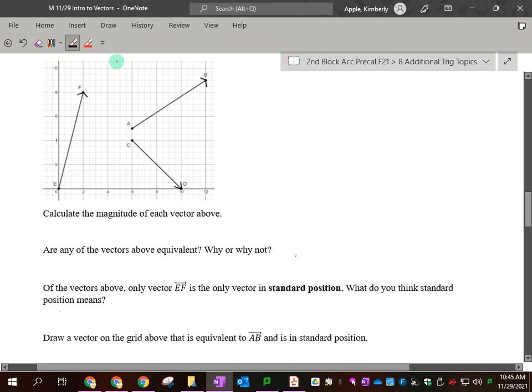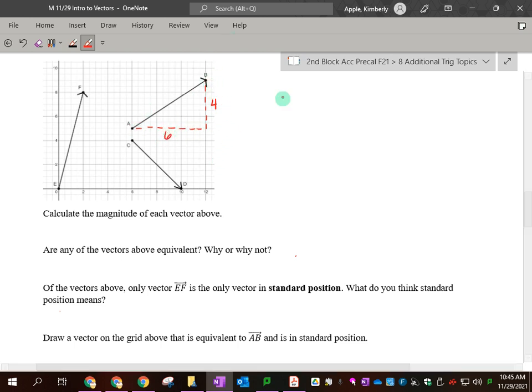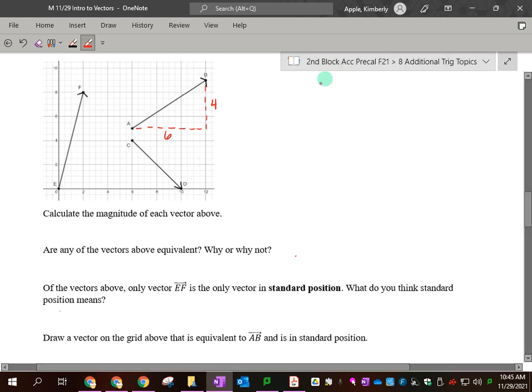So for these, let's do a couple of these, and I'll do this one, right? So it says to calculate the magnitude of each vector. Well, if I'm going to use the Pythagorean theorem, then I'm going to construct a right triangle because the Pythagorean theorem only works on a right triangle. This is a length of 4. This is a length of 6. And so these are the a and b values for your right triangle.